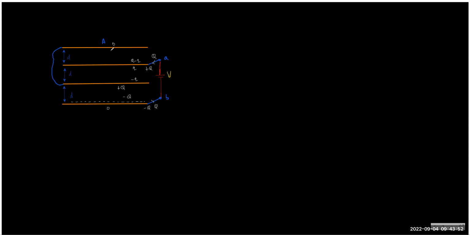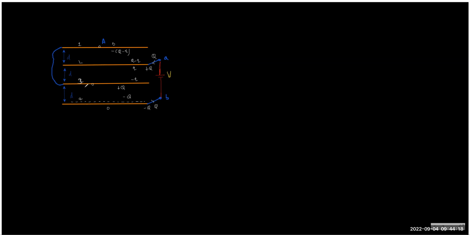So what about this plate? It is minus Q, minus Q. Let's add the value. Is it 0 if I add for this plate and this plate together? Yes, sir. And if you look carefully, these two are isolated, right?